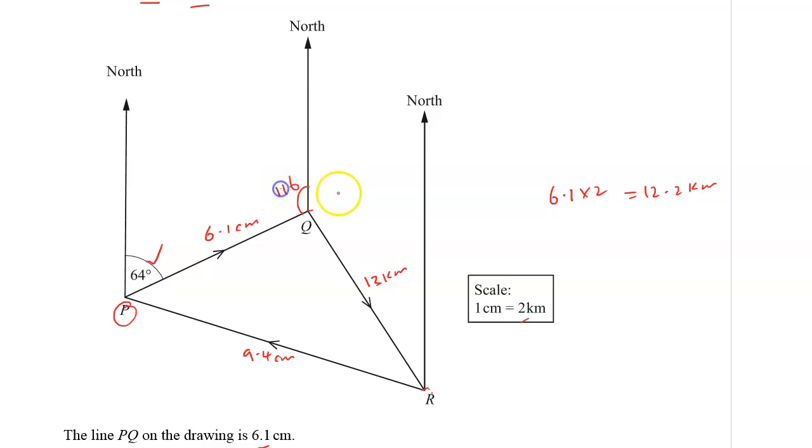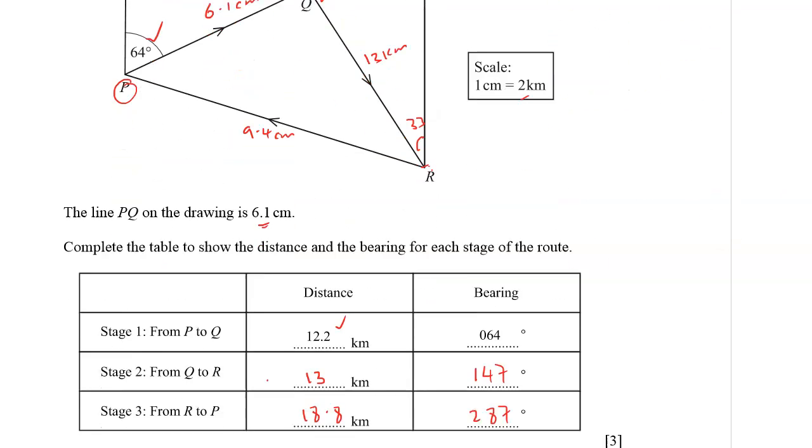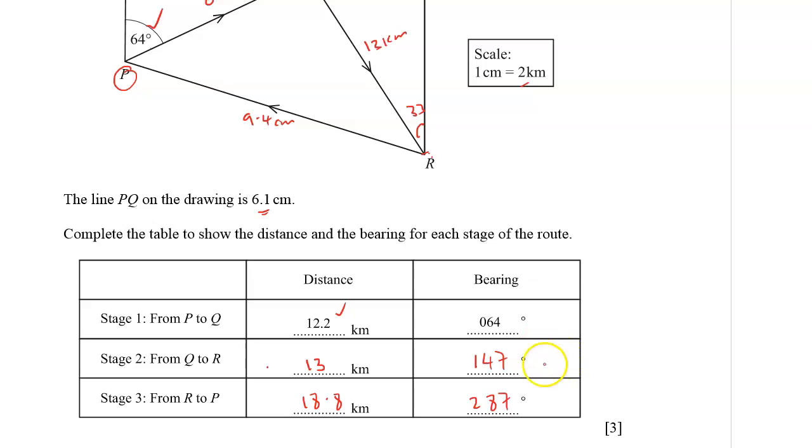This and this should be 180. This angle here is 147. This one here is 33. So when you do the correct calculations, then you're getting the bearings to be this and this.